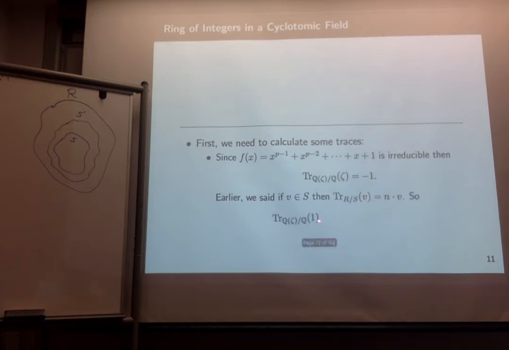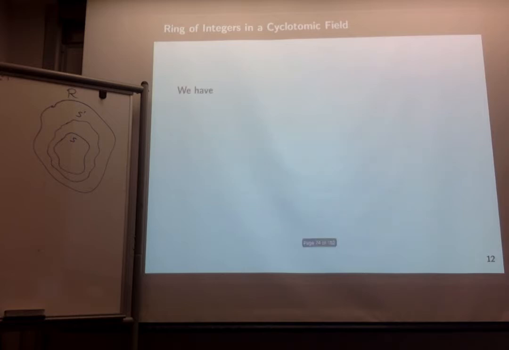So 1 is definitely in Q, and the rank of Q adjoin zeta over Q is p minus 1. So I just do p minus 1 times 1, and the trace of 1 is p minus 1. All right, so the trace of zeta is negative 1, and the trace of 1 is p minus 1.